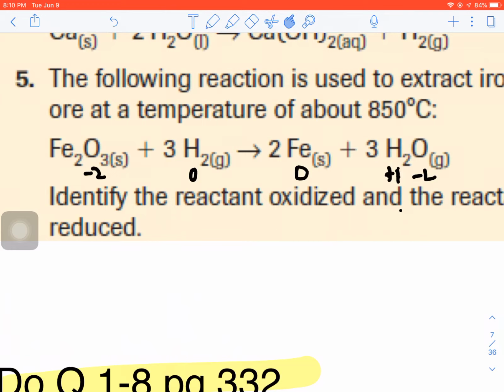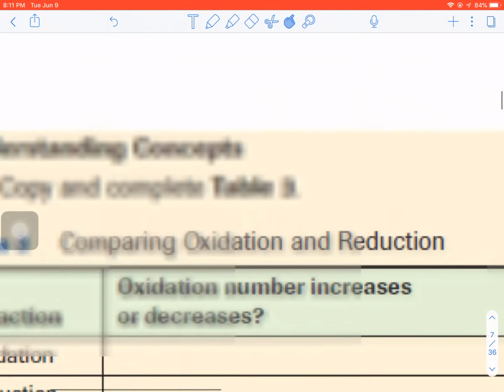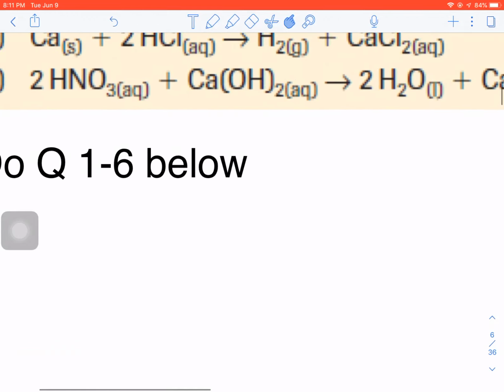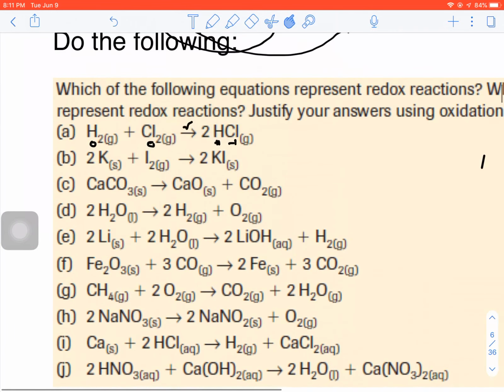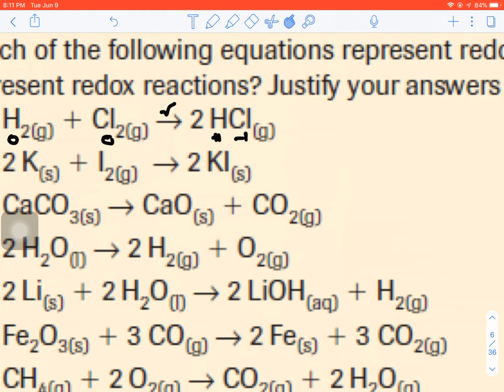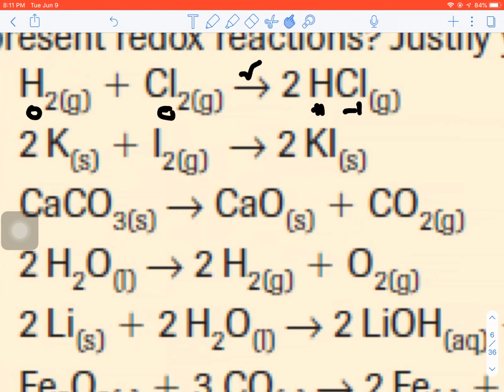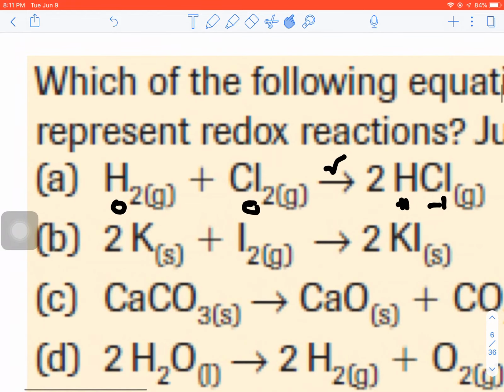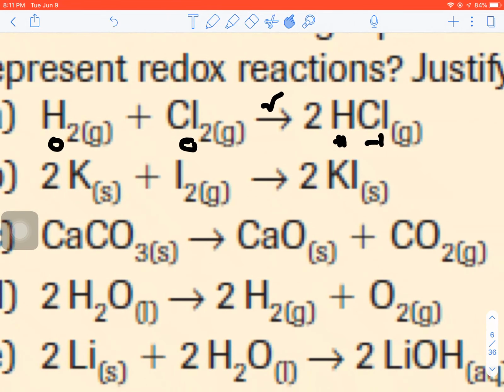I didn't really do that before. If I go back up to the ones that were oxidation reactions. Okay, so look at this one here for a minute. Oxygen's going from 0, hydrogen's going from 0 to +1. How do I go from 0 to +1?